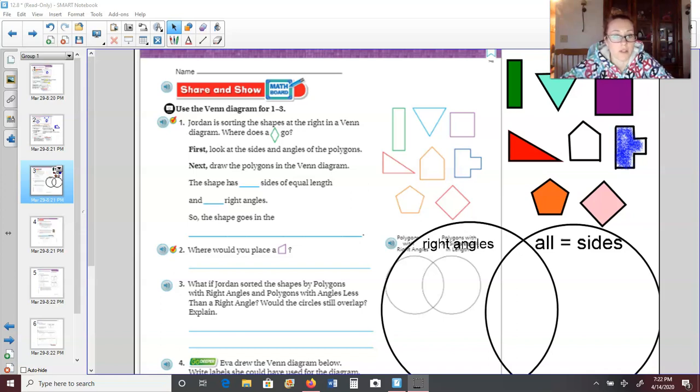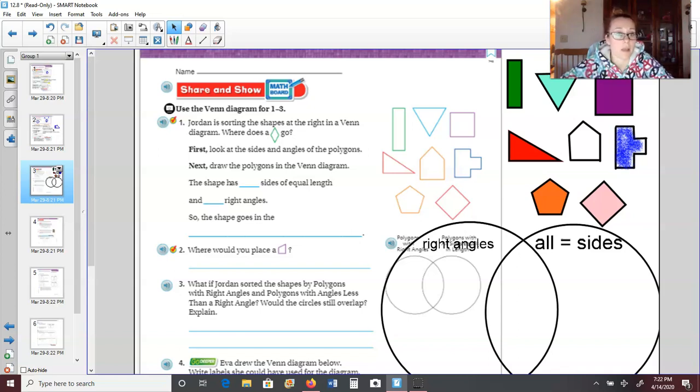Help me out here. Our categories, I made a bigger Venn diagram. We have right angles, and then the right-hand side says all equal sides. And in the middle would be shapes that have right angles and all equal sides.